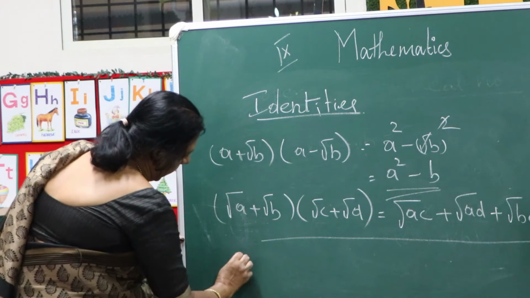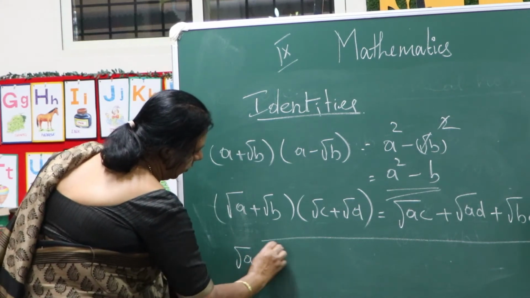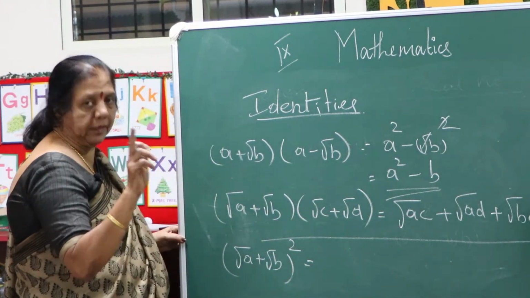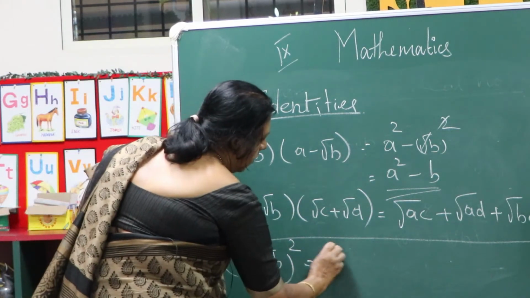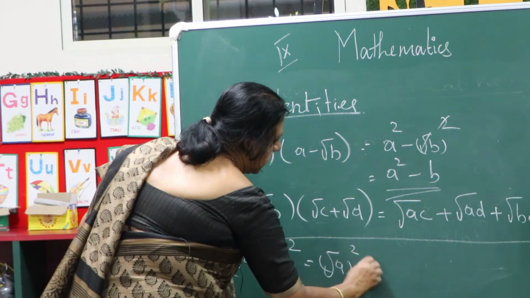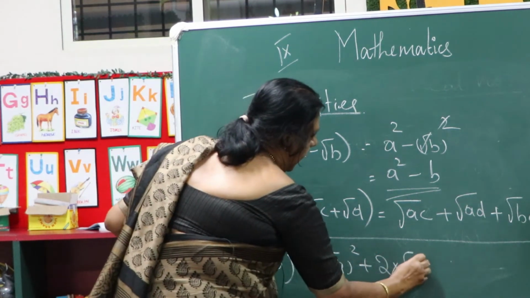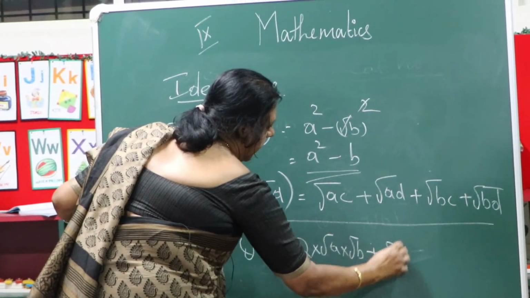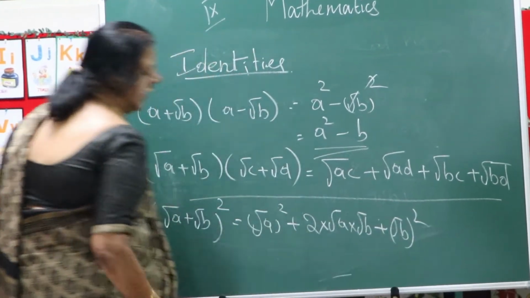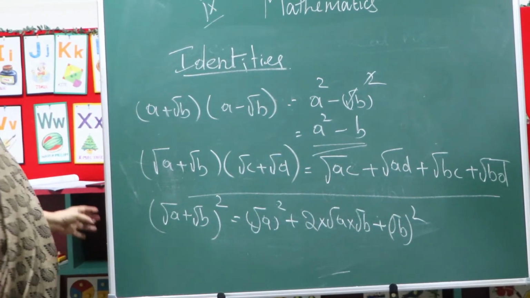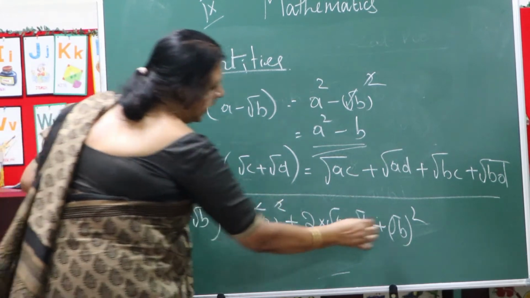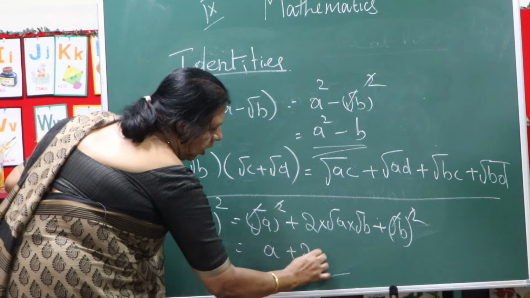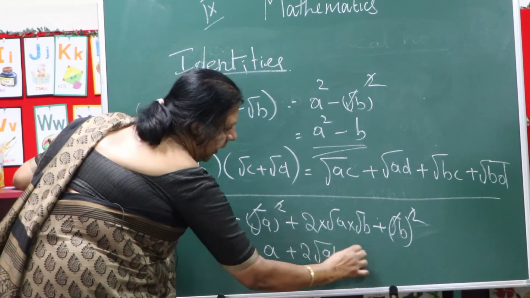Ultimately, (root A plus root B) whole square, you know, a square plus 2ab plus b square. Here it is root a whole square plus 2 into root a into root b plus root b whole square, children. This is the a square plus 2ab plus b square formula. Simplify it: the root cancelled, and the remaining is a plus 2 root ab plus b.